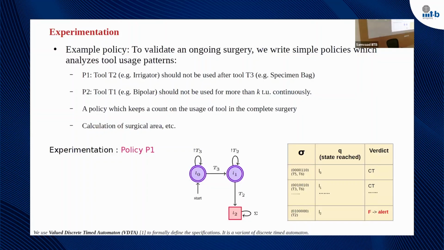From a safe location, if tool T3 is there, then it's fine, it is also at a safe location. But from this location, if I get a tool T2, then this automata goes to this violating state, meaning that this should not be there. This is wrong with respect to policy. So this is the policy modeling language which we use for this work.